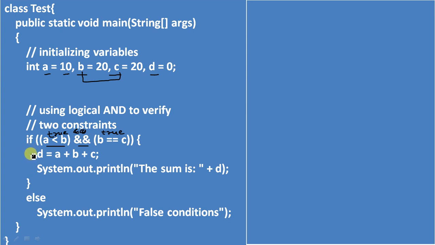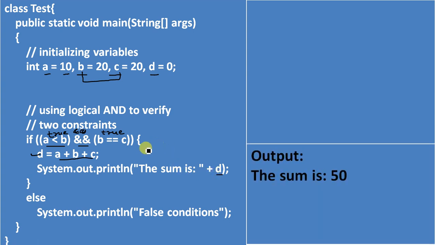So this expression will execute: d equal to a plus b plus c. The result will be stored in d. If you print d, the output will be 50, because this if block is true. That's why the if block is executing but the else block is not executing. If the condition is false, then the else block will execute.